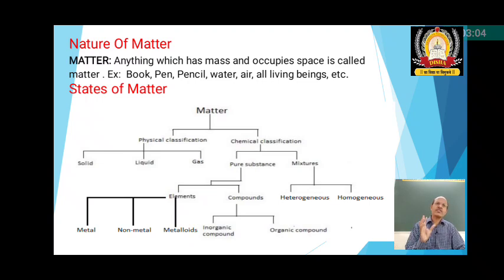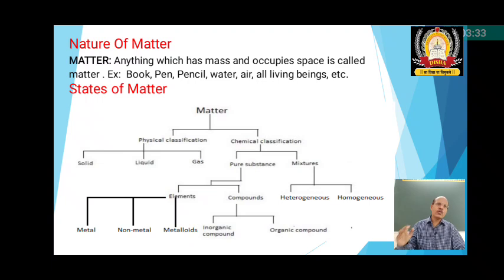On the basis of external appearance, we can classify matter into the physical classification. Based on its chemical nature, chemical properties, chemical activities, it is classified as chemical classification. In physical classification, you will find three types: one is solid, another is liquid, third is gas.